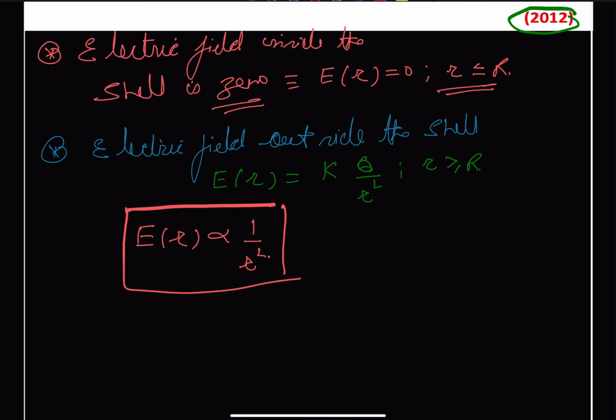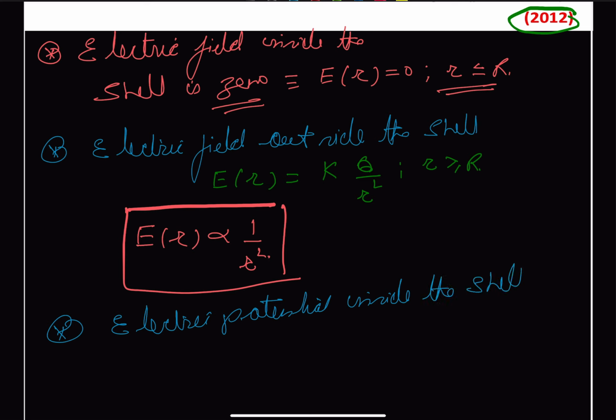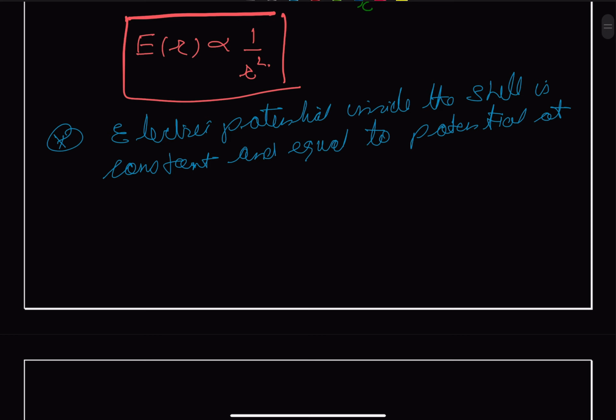And for potential, you can say electric potential inside the shell is constant, and is equal to the potential at the surface.